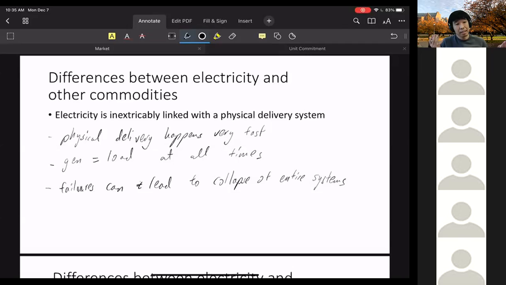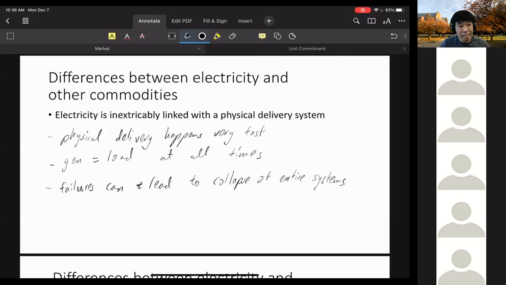This is also unlike other commodity markets. If you think about other things that are balanced at all times, for example the internet, you viewing this lecture is possible because the internet is balancing demand for data. But the internet doesn't go down if one part of the supply and demand is not balanced. For something like the internet, you can take out one load or one generation, and the other part of the system still works. Not so much for power.